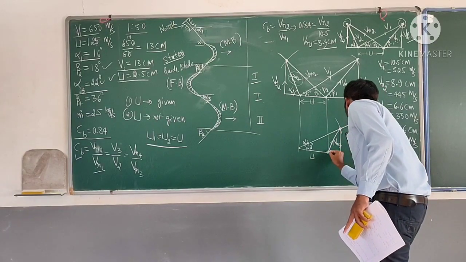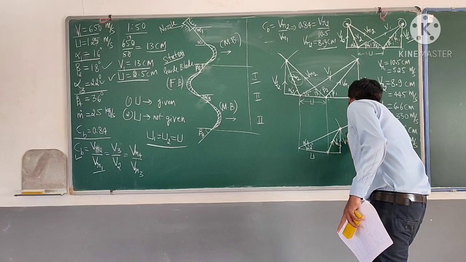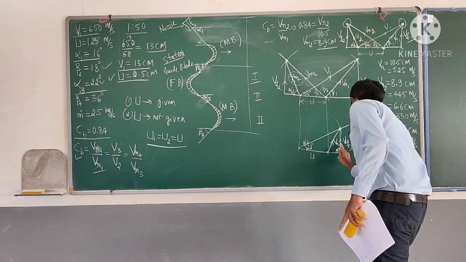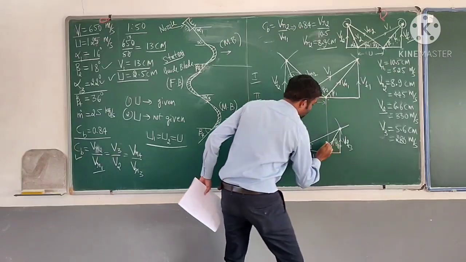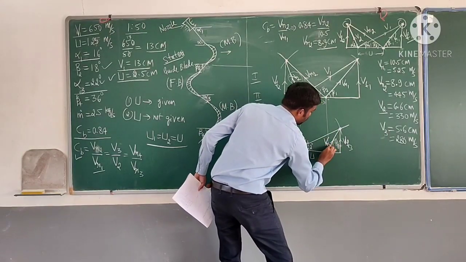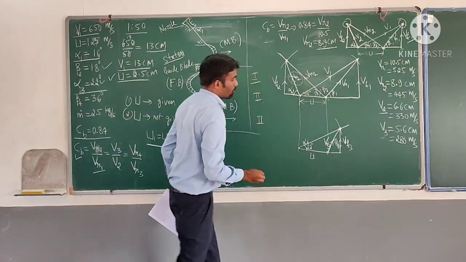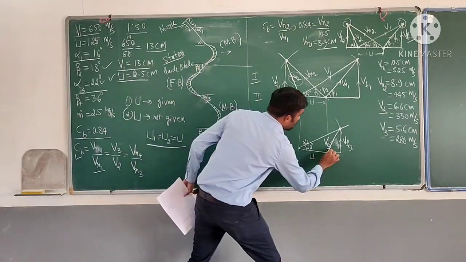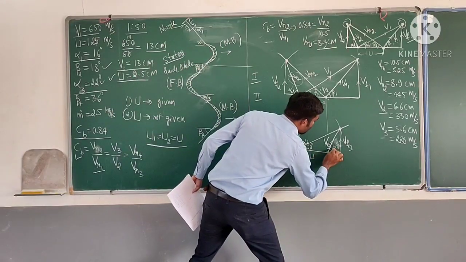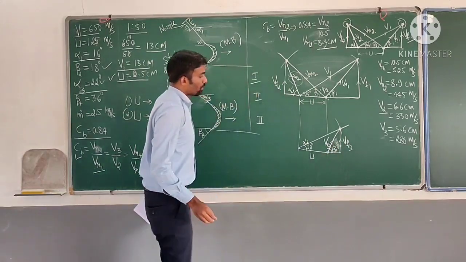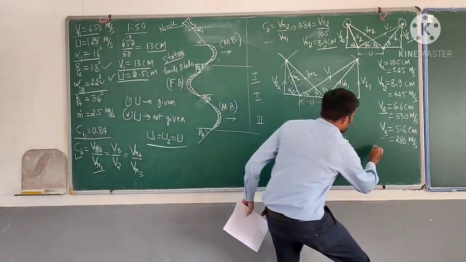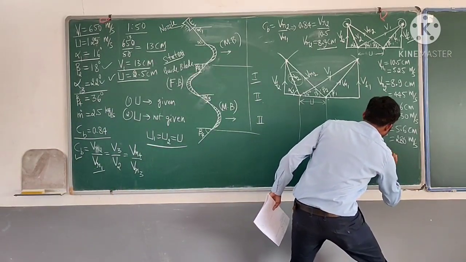If I drop the perpendicular, I will get VF3. Write it this side. So this is VR3, this is VF3, and the angle is beta 3.